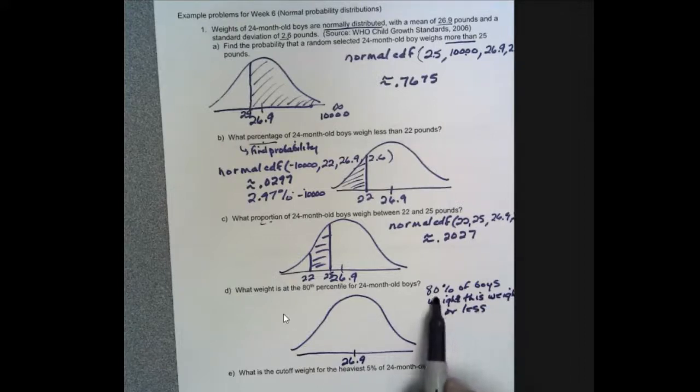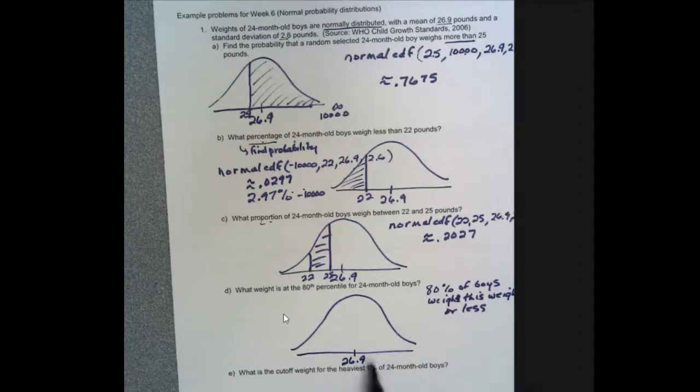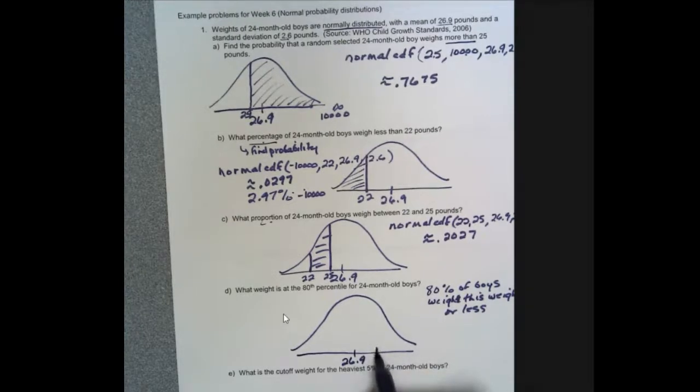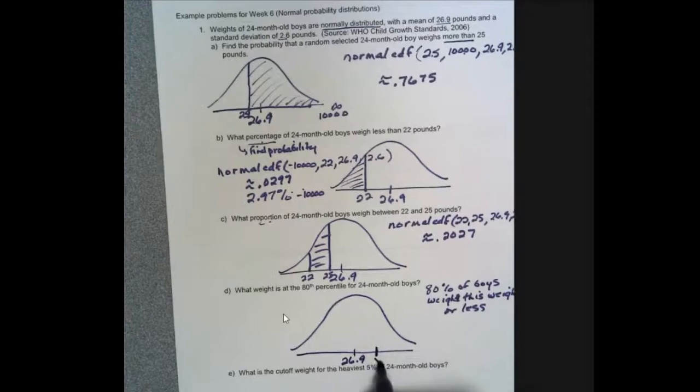That's the important thing about percentiles, is that they always go from the number, and it can be that number or it can be less than that. So that means in our picture we're going to the left. We want to put a number on here and we don't know exactly where it is, but if it's going to be 80%, that means it's more than half the graph. So it's going to be somewhere above the mean. We just don't know how far exactly.